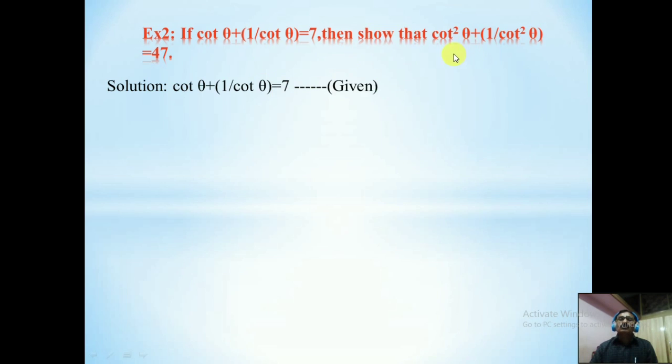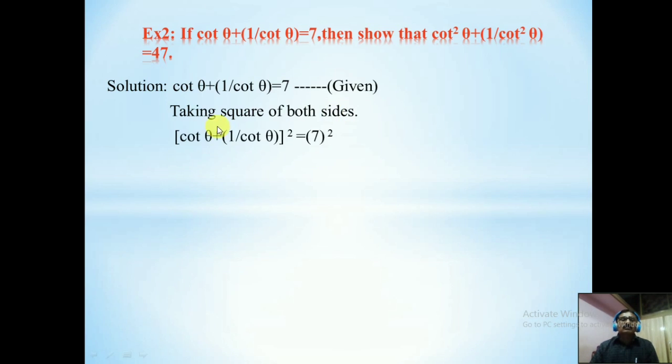And we have to show that cot square theta plus 1 upon cot square theta is equal to 47. Therefore, we square both sides. Taking square of both sides, we get (cot theta plus 1 upon cot theta) whole square is equal to 7 square.